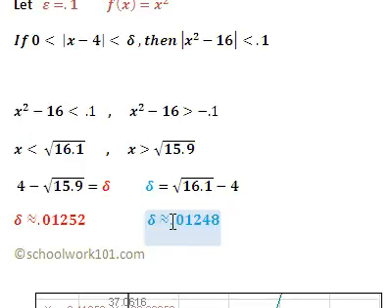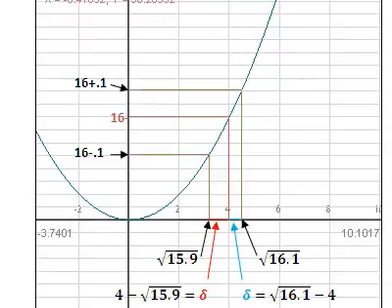It's smaller, but not by much, but it is still smaller than the red delta. We're going to be choosing this delta. This is the delta that we want to choose.